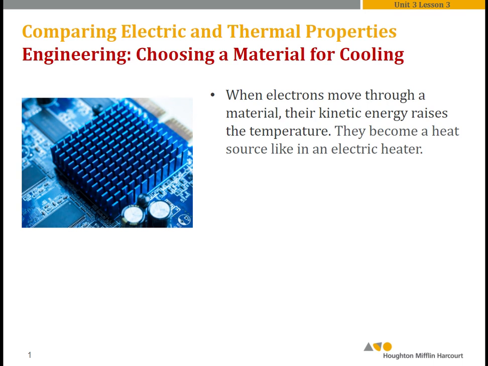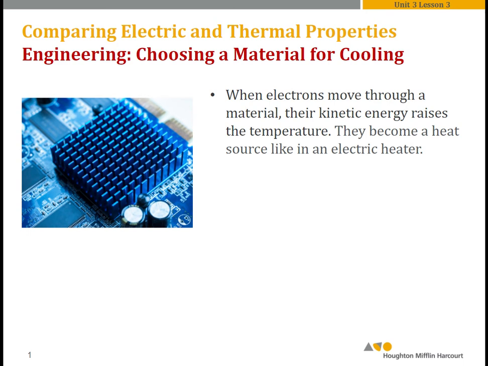We need to provide a way for heat to escape because heat builds up in excess and can cause damage if it isn't removed from the system. So when electrons move through a material, their kinetic energy raises the temperature.